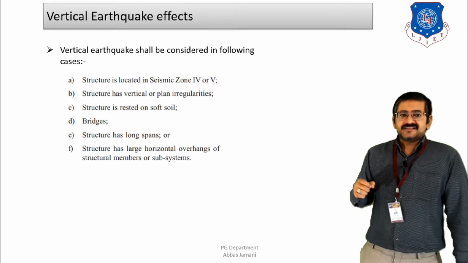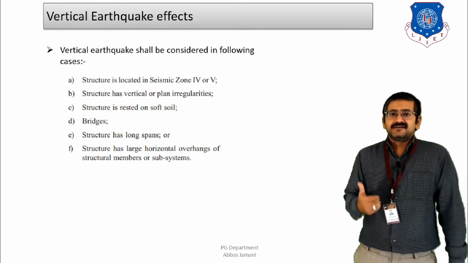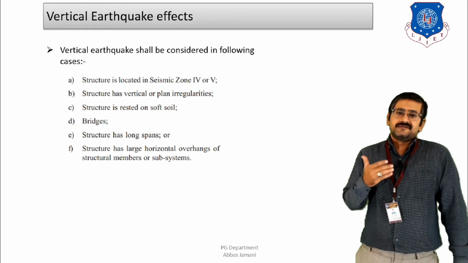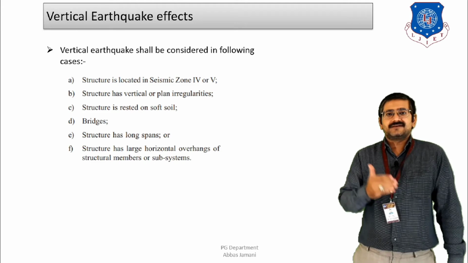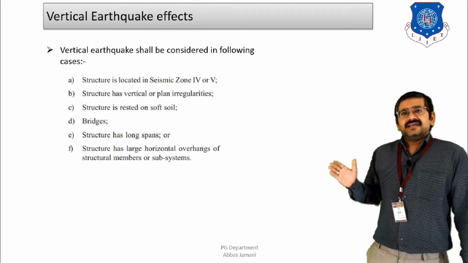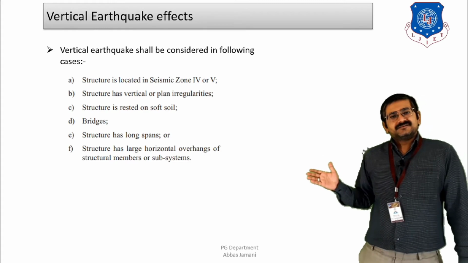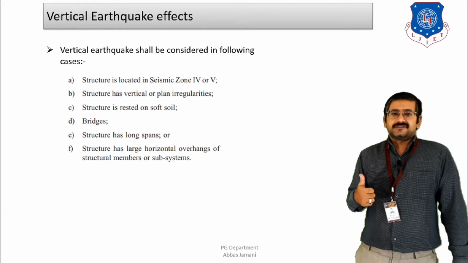Then if the structure is located on soft soil, that is, if the N value of the soil is less than 10, then in those types of structures also vertical earthquake effect has to be considered. Then for bridges, for any type of bridges the vertical effect should be considered. Then if the structure has a large span, then also it is advisable that the vertical effect of earthquake should be considered.